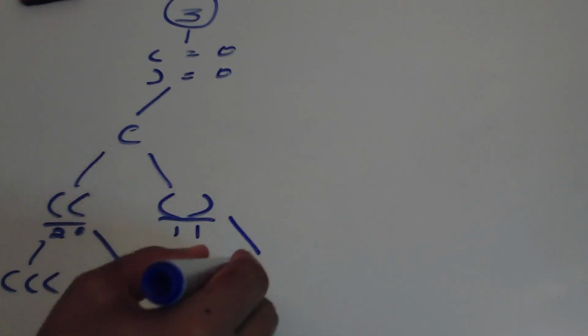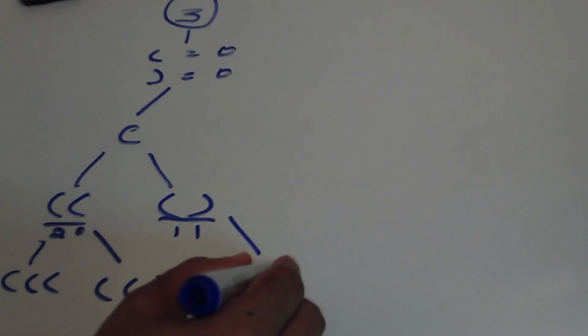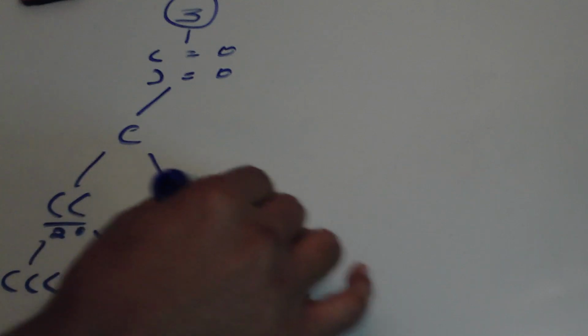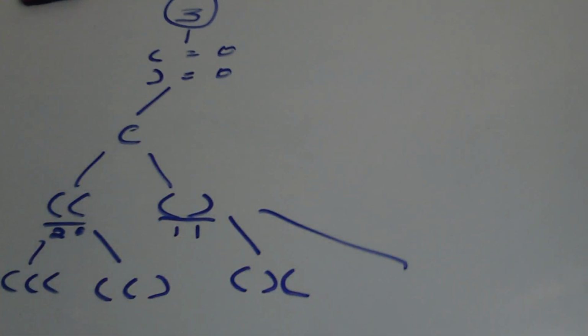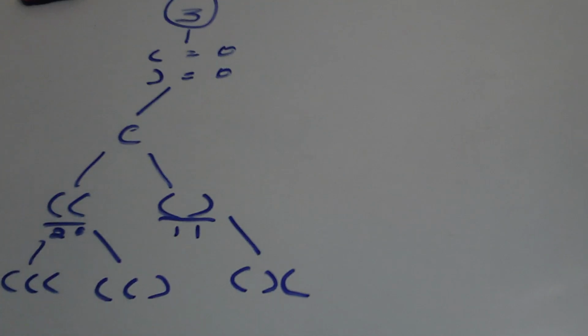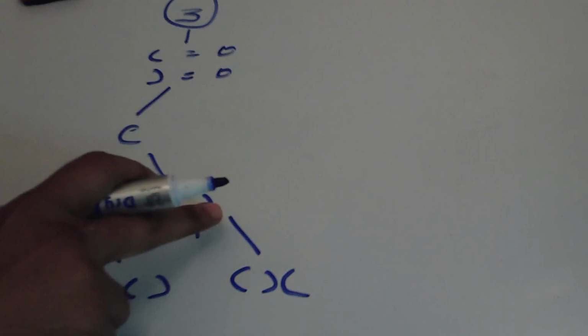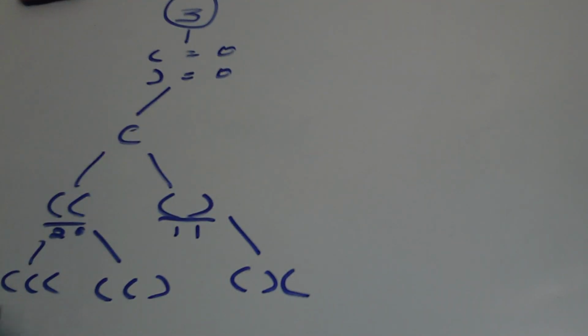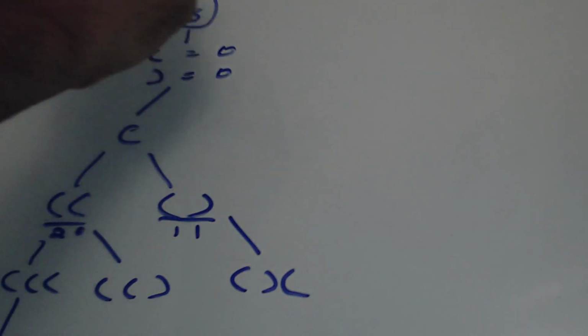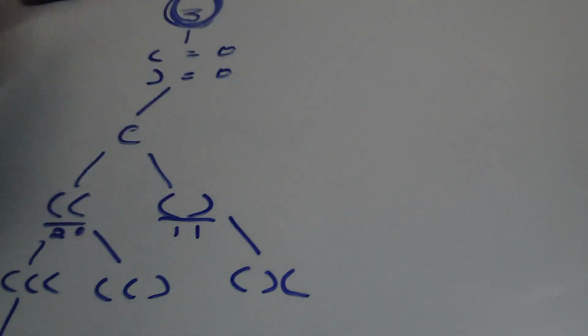Here we can add an open, but we cannot add a close because the numbers are the same. Here we already have 3, so the only thing we can add is closing.